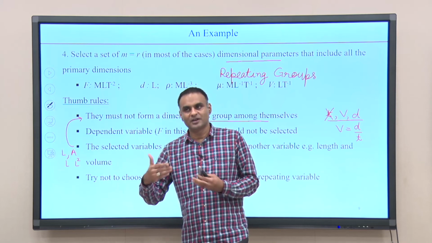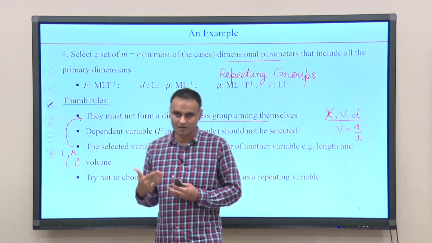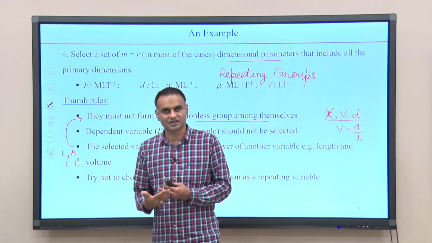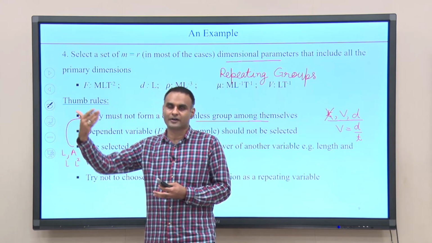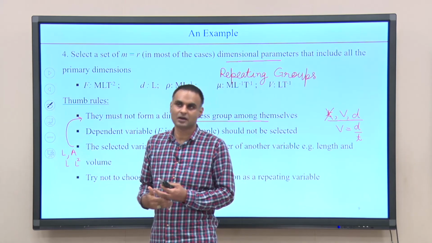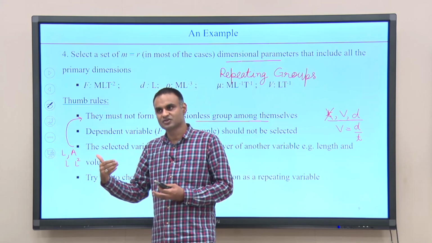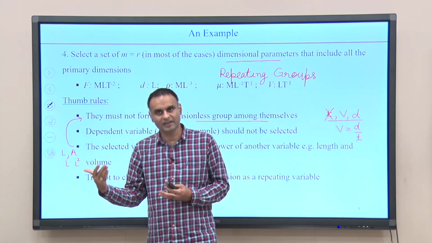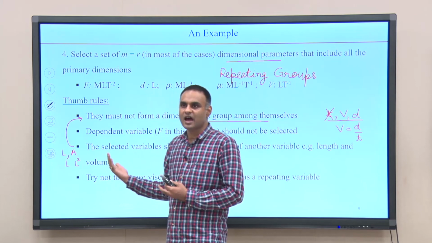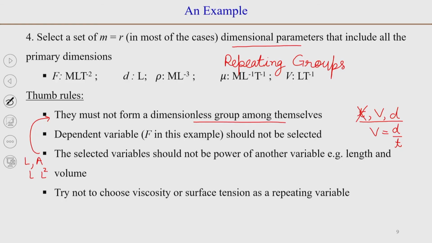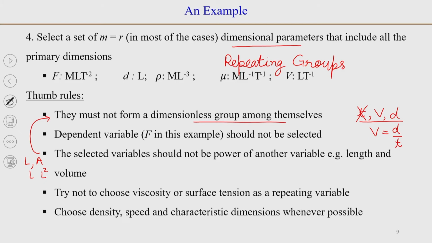So, we will be comparing say viscosity with surface tension, or inertia with surface tension, or inertia with viscosity. So, we should try that they are not appearing in all the expressions, because in that case surface tension will be compared with all the physical effects.